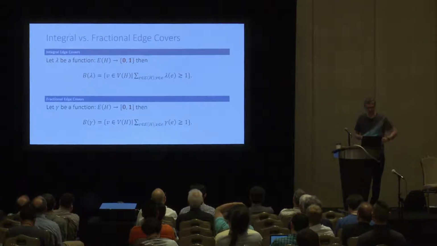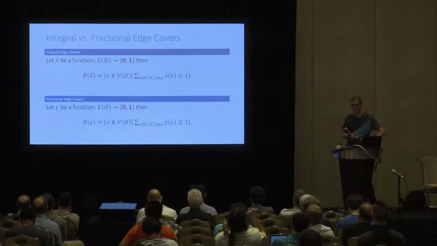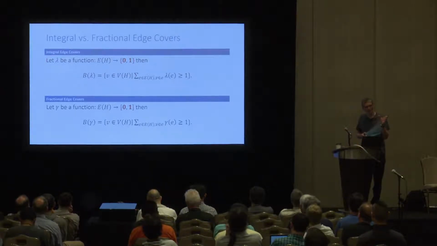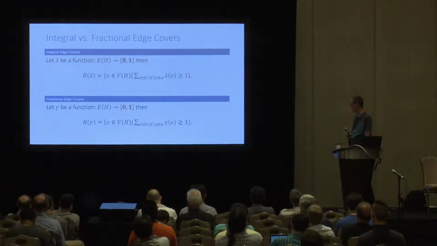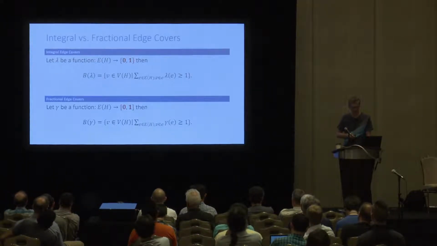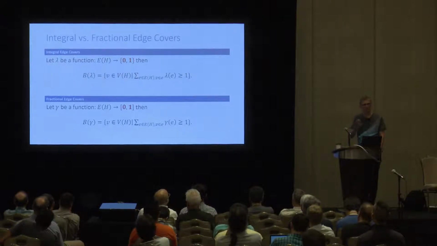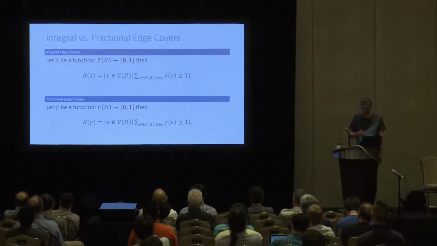This notion can be nicely generalized to fractional edge covers, where we allow arbitrary weight functions which put arbitrary values in the interval 0 to 1 on each of the edges. The vertices covered by such a fractional cover, denoted by B of gamma, are those vertices which are contained in a set of edges of total weight at least 1.